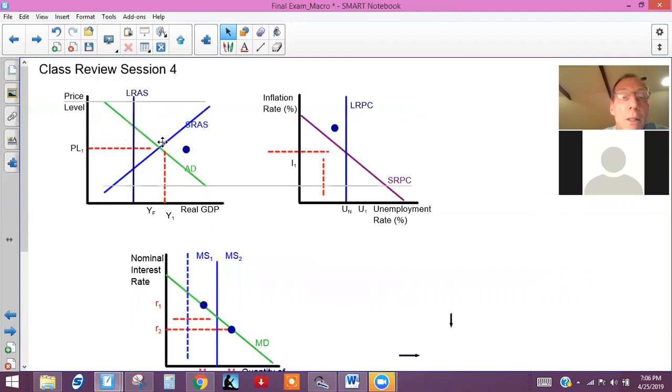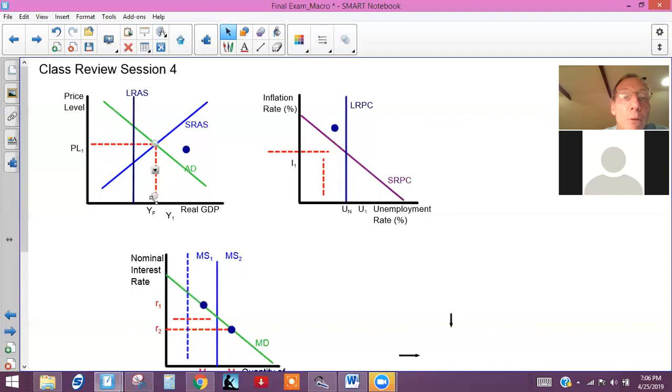So I'll put the aggregate demand there and the short run aggregate supply there. So if this is where your short run equilibrium is, you've actually got an output and an employment level higher than what we would call full employment at YF, that lines up with the long run aggregate supply.